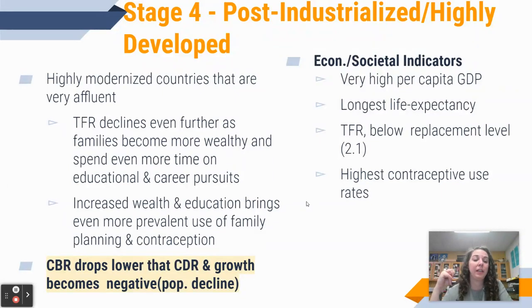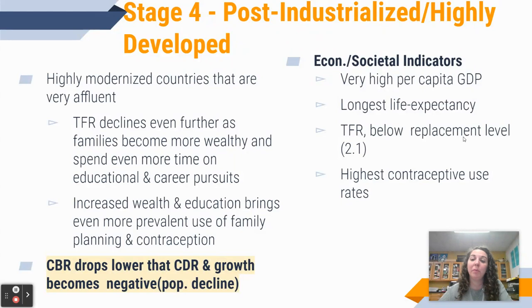So here we're going to see our birth rate dropping either to the same level of CDR, which would give us no growth, so stable growth. But eventually what we see in these nations is that it's going to drop even lower than the CDR. So we're going to have negative population growth. So our population is going to start getting smaller. This is going to have very high per capita GDP, the longest life expectancy out of any of the groups.